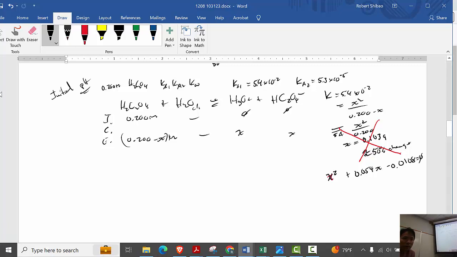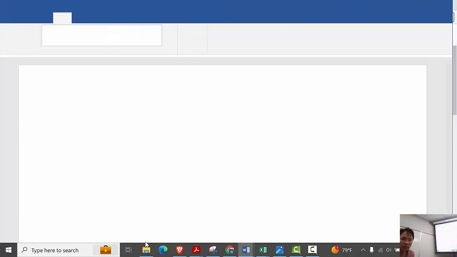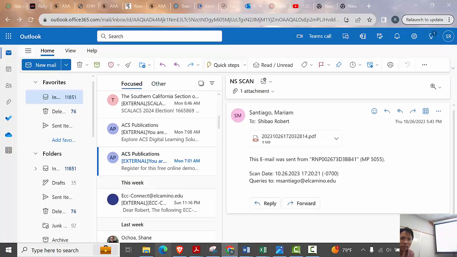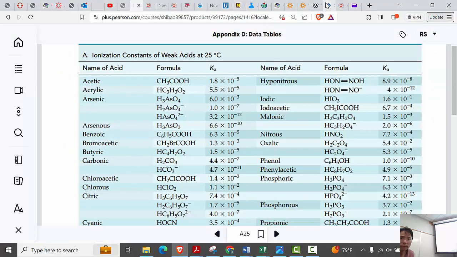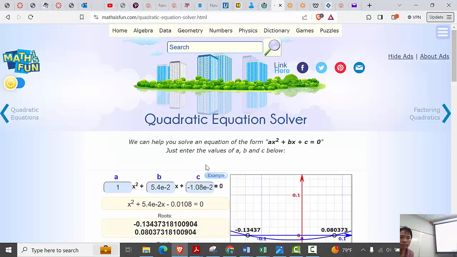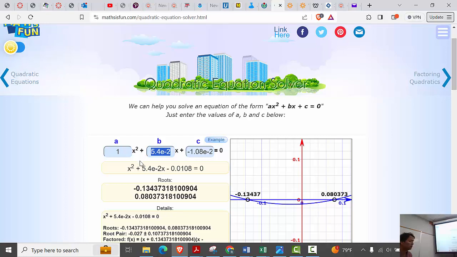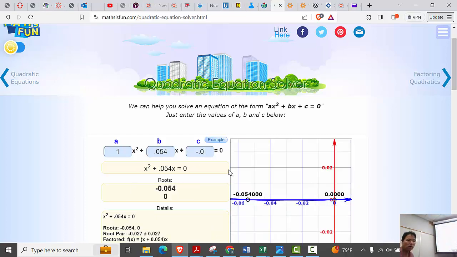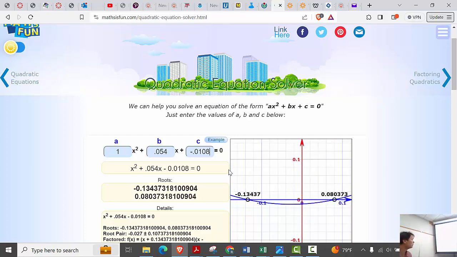All right, let's plug this into the quadratic solver. So I got 0.054 for B and negative 0.0108 for C. And that gives me an X of 0.08037.